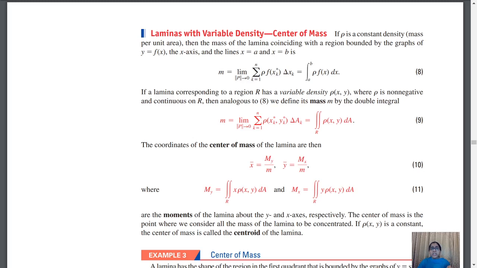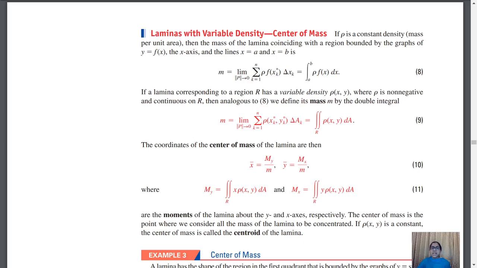Then we have the coordinates for the center of mass. It is nothing but x bar is equal to capital My divided by m, and y bar is Mx divided by small m. Here, small m was the mass of the lamina that we determined using formula 9, and capital My and Mx are the moments of the lamina about the y-axis and x-axis respectively, and there are formulas to determine the moments.